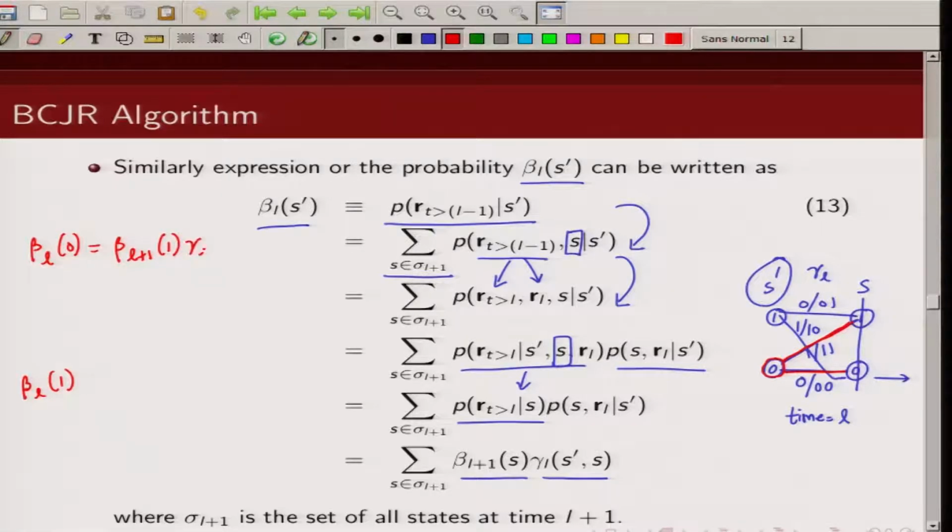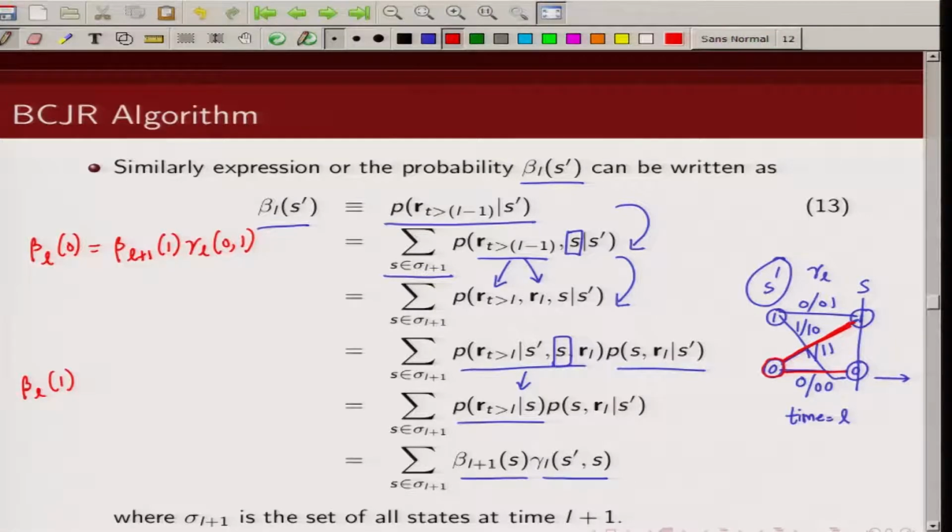The contribution of this one is beta L plus 1 corresponding to state 1 multiplied by gamma L, when the initial state is 0 and the next state is 1.